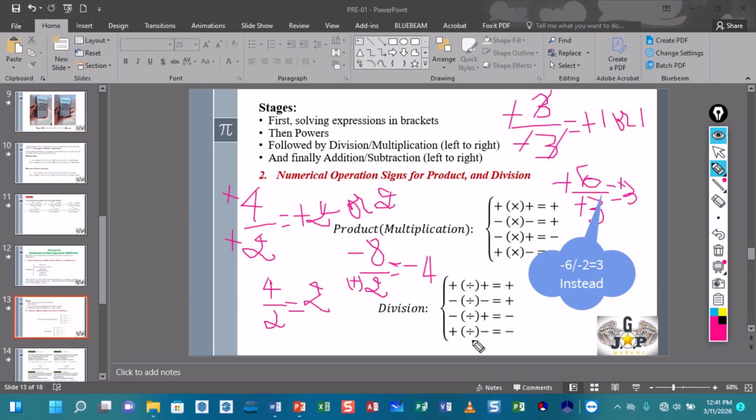The same thing, let's go with the last one. Plus divided by minus. By that I will go with 12, right? Divided by, let's say, minus 3. You can write it like this, or you can write it as 12 over 3 with a fraction bar. It's the same thing.